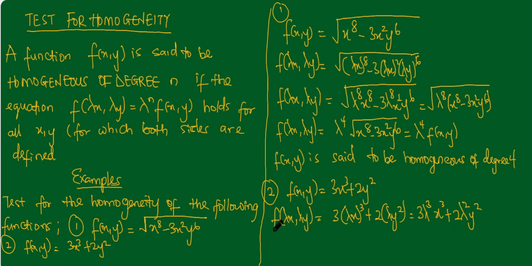If we try to factorize lambda out, we have lambda squared into bracket 3 lambda x cubed plus 2 y squared. And this is not equal to lambda raised to the power n multiplied by f of x and y. So we say the function f of x and y is equal to 3x cubed plus 2y squared is not homogeneous, since it does not satisfy the condition for homogeneity of degree n.